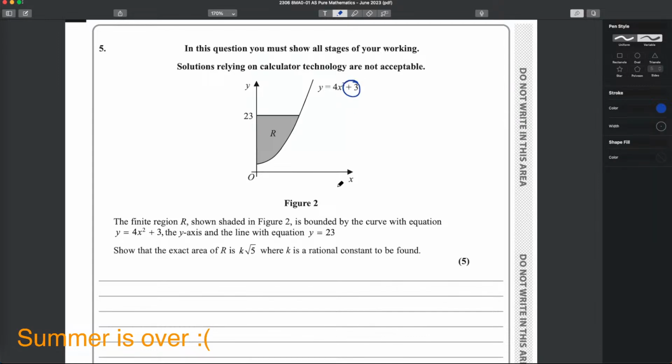Why do we need this plus 3? Is my initial thought. Because if I just ignore that plus 3, then I can just do this problem.